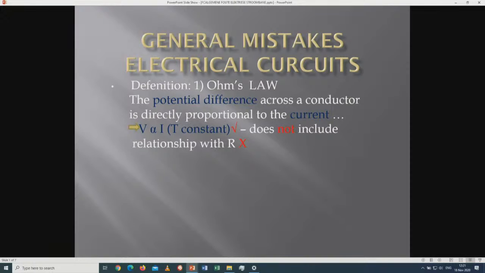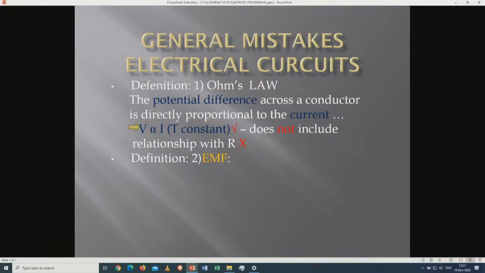It isn't Ohm's law. You can't state that R is directly proportional to potential difference and inversely proportional to the current. That is not Ohm's law. That is the formula derived from it. So Ohm's law is only the relationship between V and I as directly proportional at constant temperature. Make sure that you don't make this mistake.